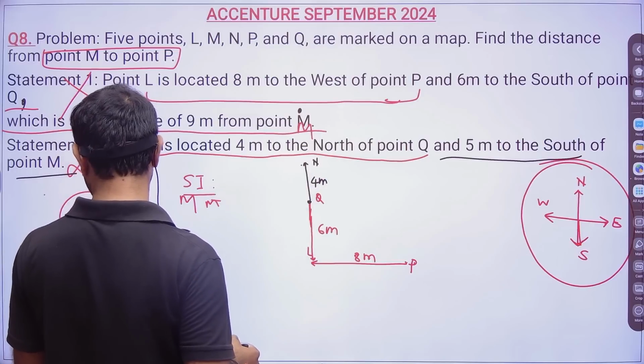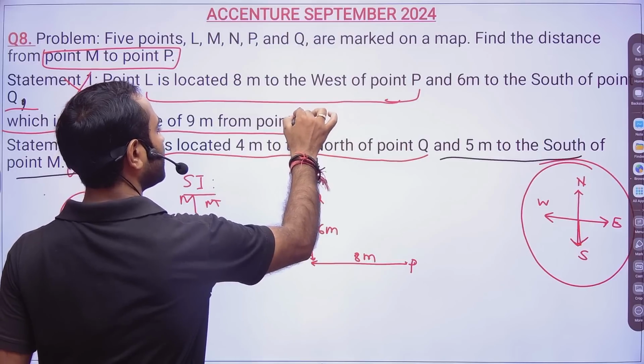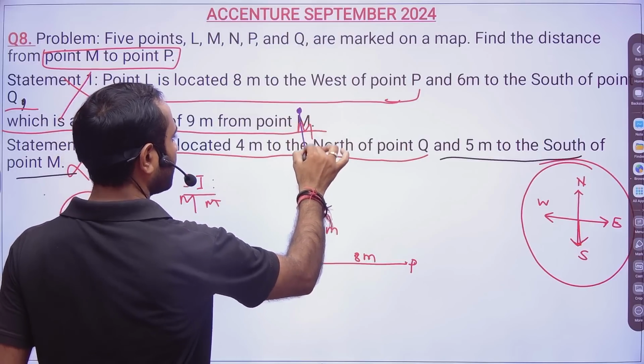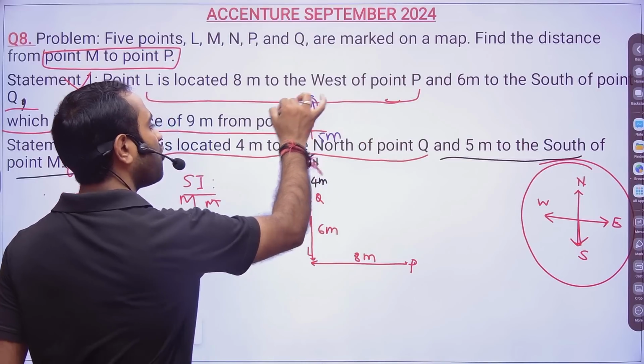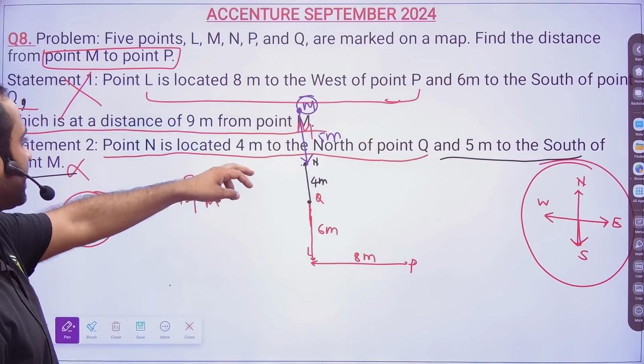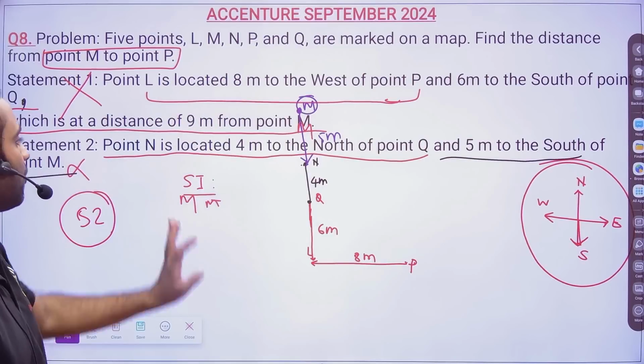I will take another pen here. So your M is now here. Now we know the position of M because N is 5 meters south of M.